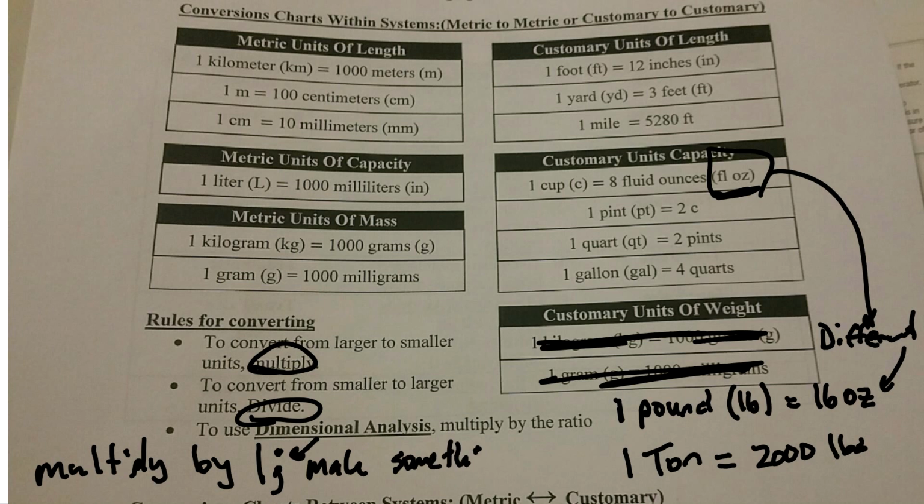You're going to make some measurement cancel. You're going to make some label cancel. And we'll talk more about that. But it's pretty easy. That dimensional analysis can work for everything. You can only use this multiplication and division when you're within systems, when you're going from metric to metric or customary to customary. You can use dimensional analysis anytime you want.